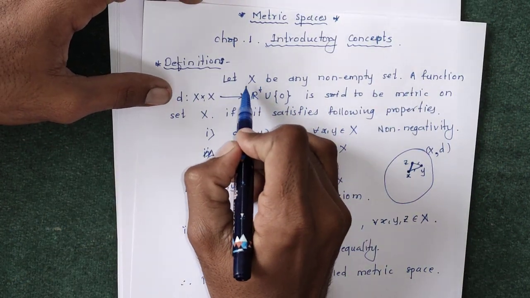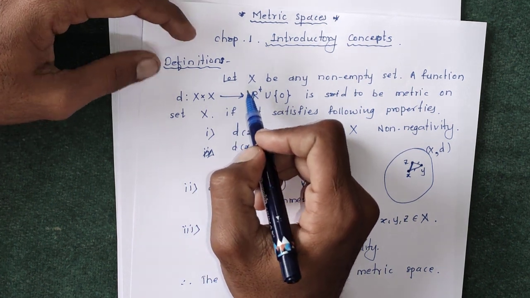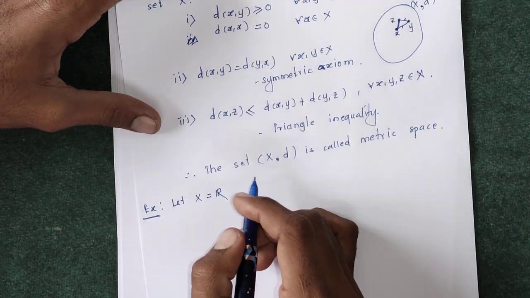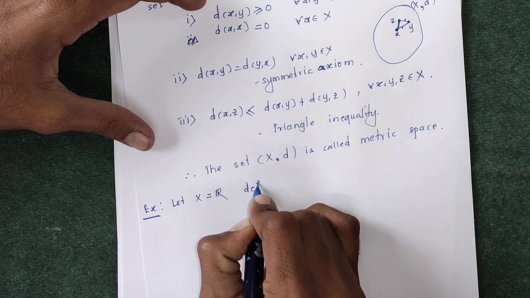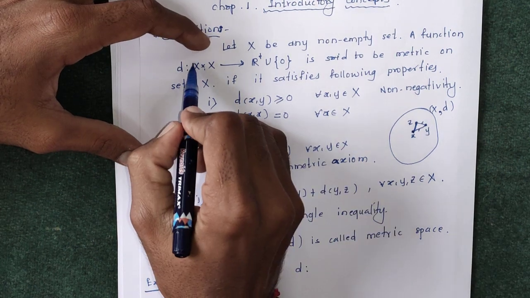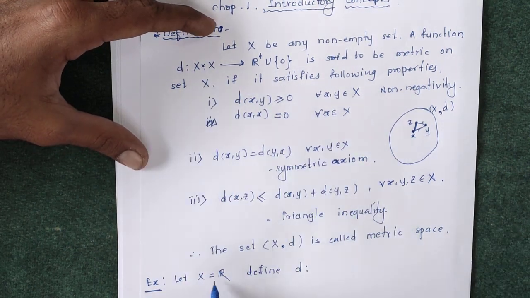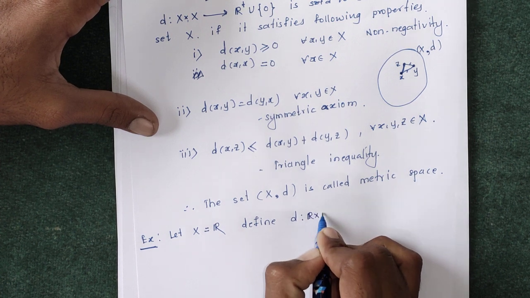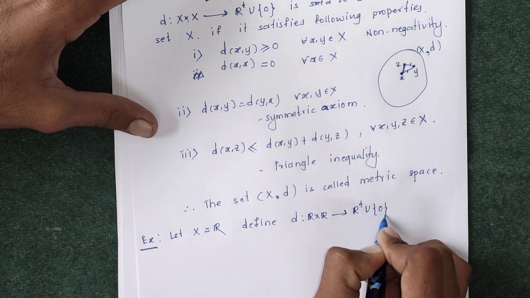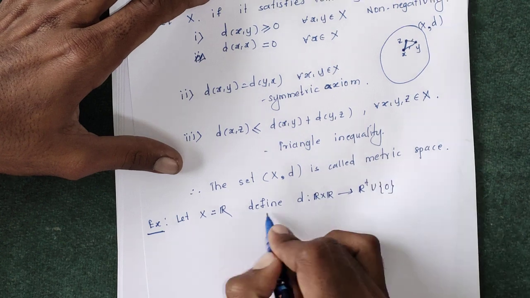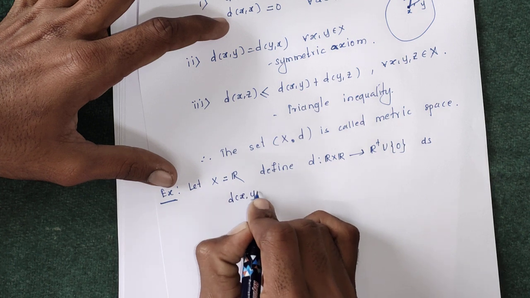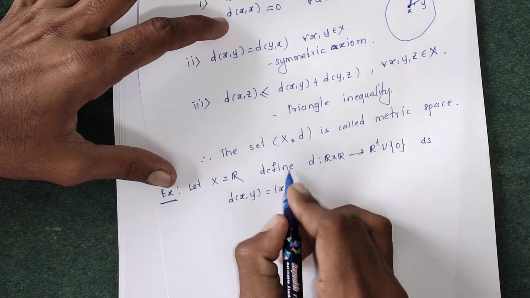In the definition here we have used the notation X. So if X is equals to R, then clearly this R is non-empty set, and define the function D from X cross X, that is cross product of X. Now here X is equals to R, so that function must be from R cross R to R plus union singleton 0, defined as distance of x, y is equals to mod of x minus y.